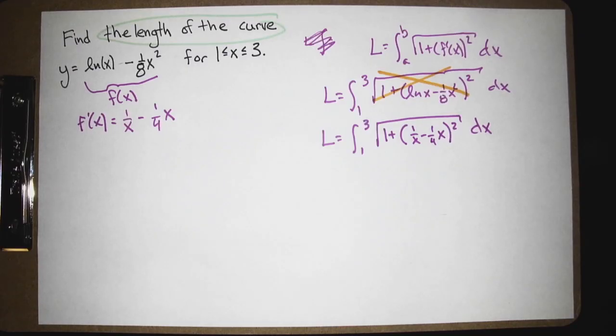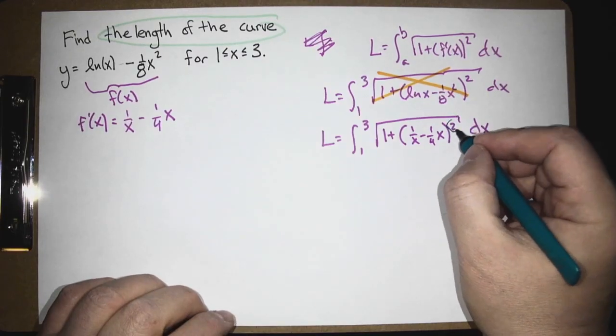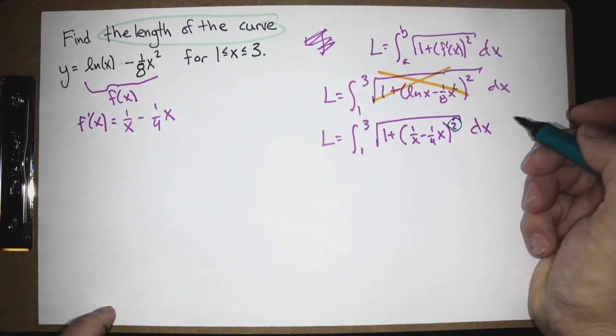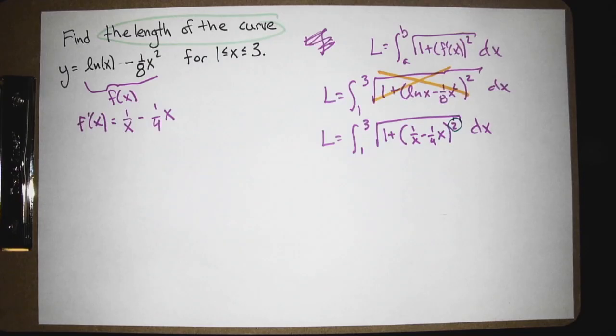Okay, so what's a first step that we can do here to figure out what's going on? Yeah, we got a square here. Now, unfortunately, there's that 1 plus, so we can't just get rid of the square root yet. But what we can do is at least get rid of that square on the inside. We will expand.